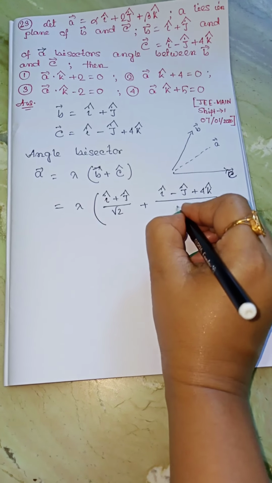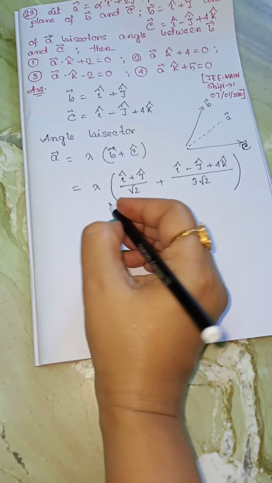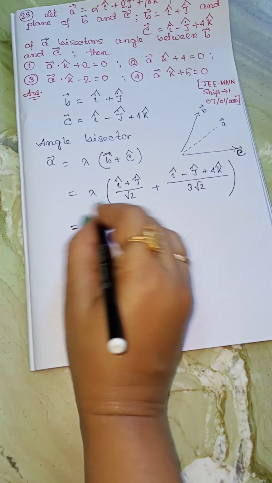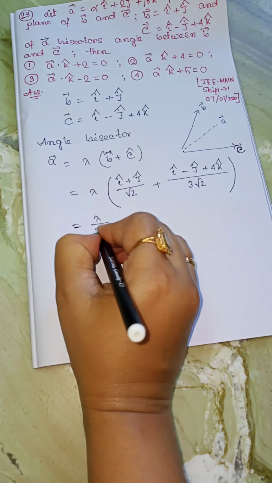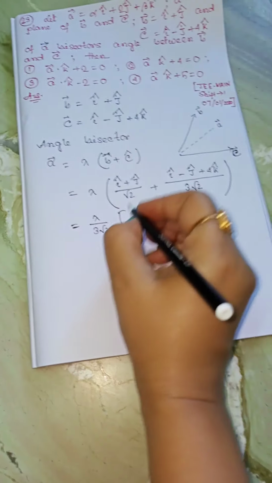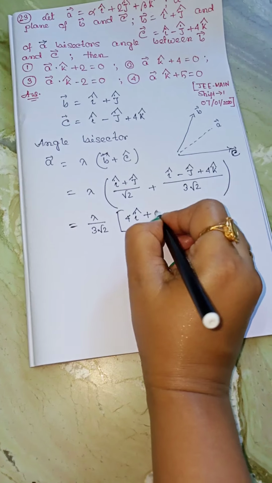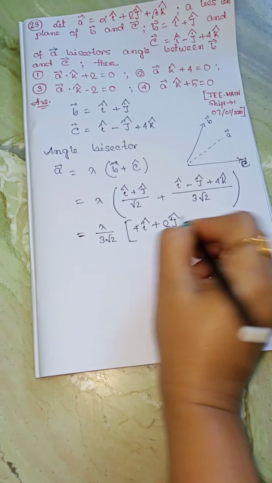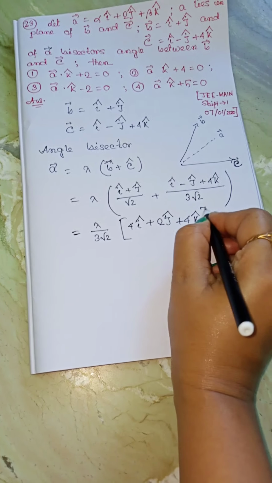Root over 18 means 3 root 2. So now lambda by 3 root 2 common, and it becomes 4 i cap plus 2 j cap plus 4 k cap.